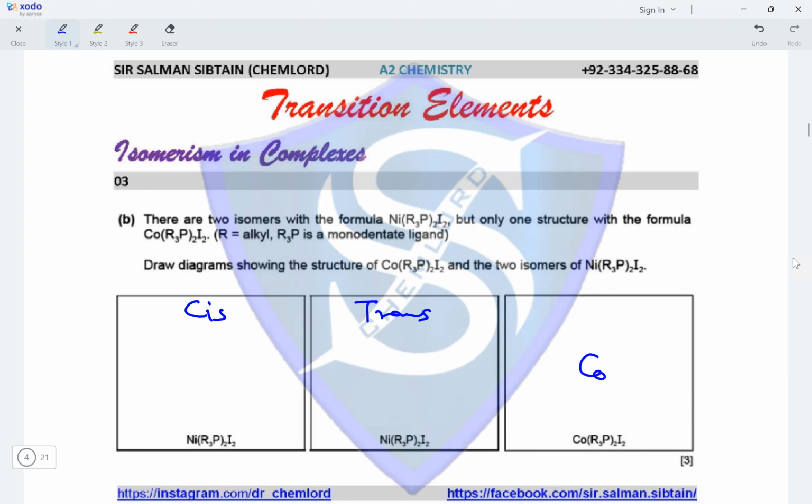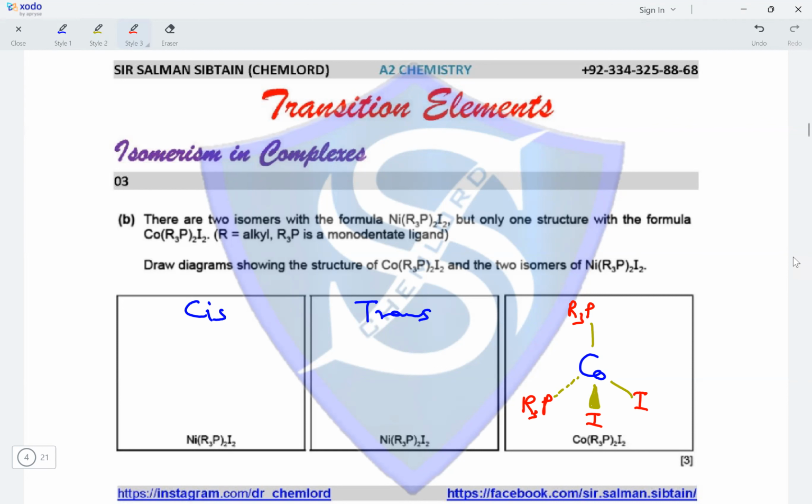We have cobalt in the center with four positions for binding of ligands. So these are the four positions, and the ligands that bind are R3P at two positions and iodine or iodide ions at the remaining two positions. So this is the complex with cobalt.